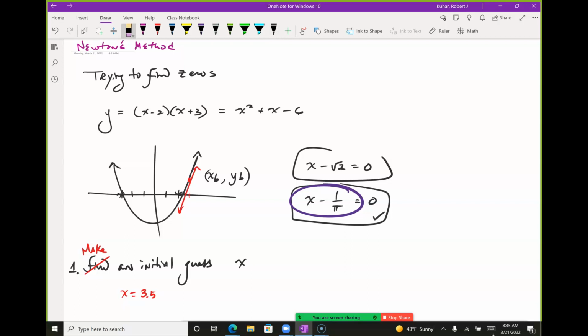So x sub b is my initial guess. I'm just going to use the letters a and b, okay? I like to use the word x next. So for my initial guess, I like just an x, and then my next guess is my x next.